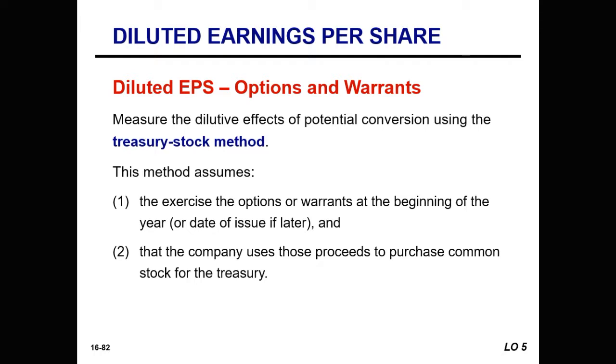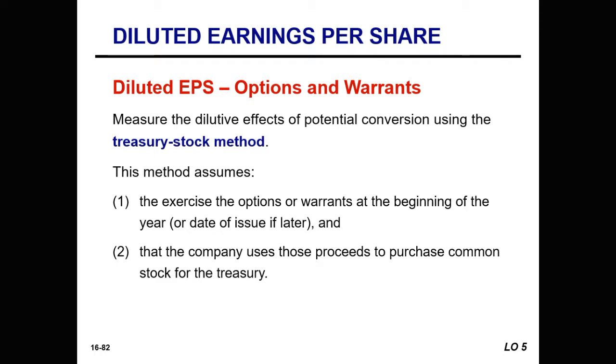And convertible options, warrants, and contingently issuable shares are included in EPS only if they are dilutive, meaning they would reduce EPS. Anti-dilutive securities are ignored for the purposes of computing EPS.